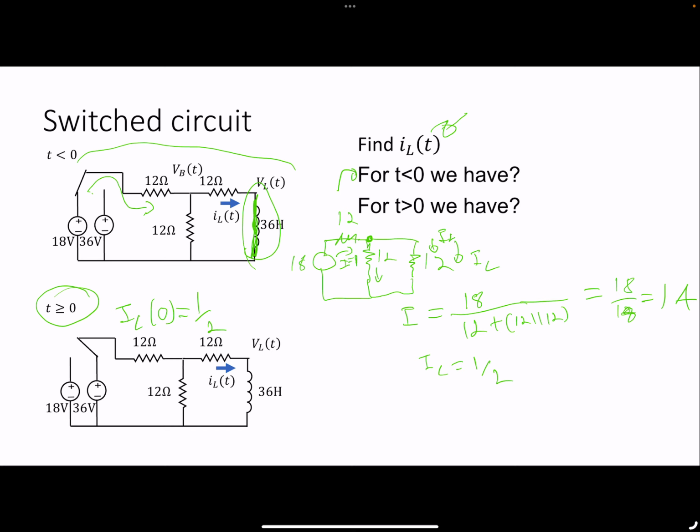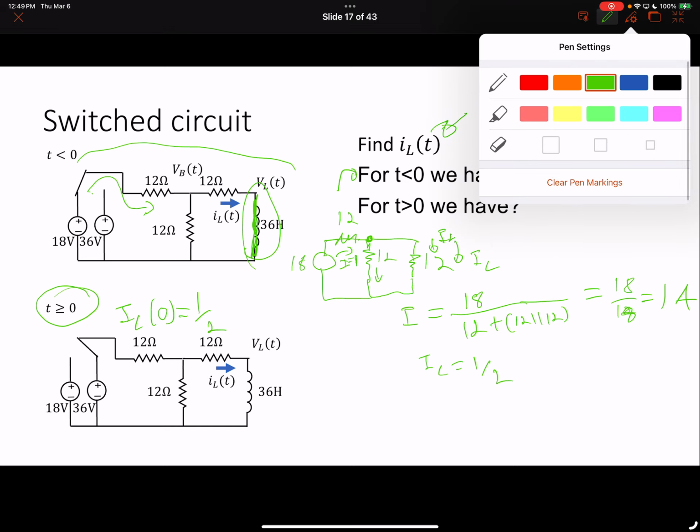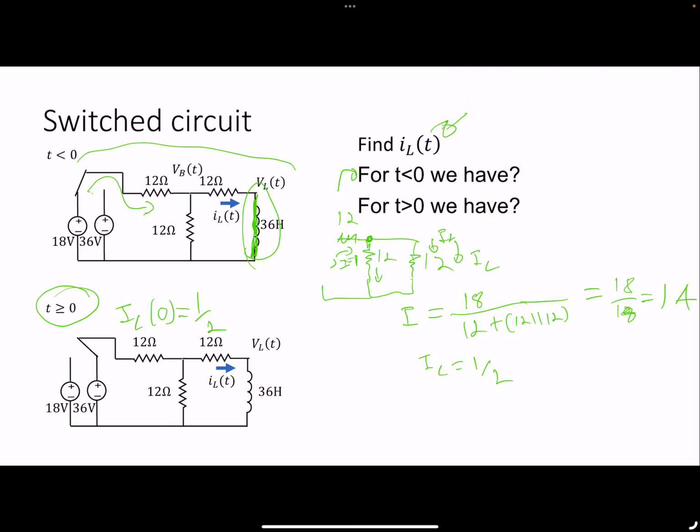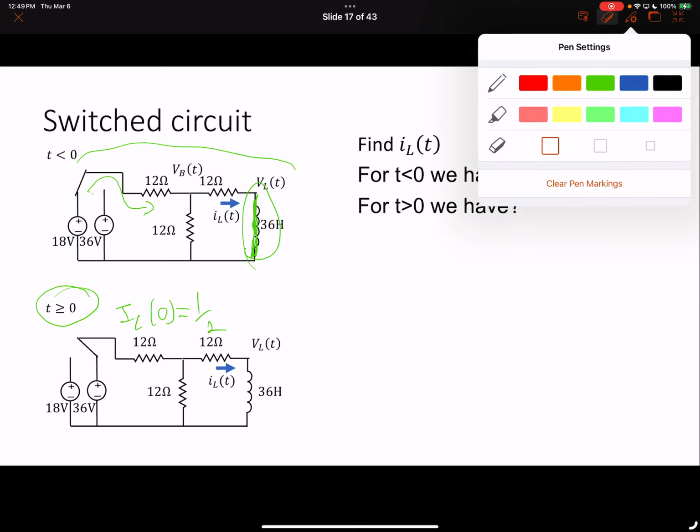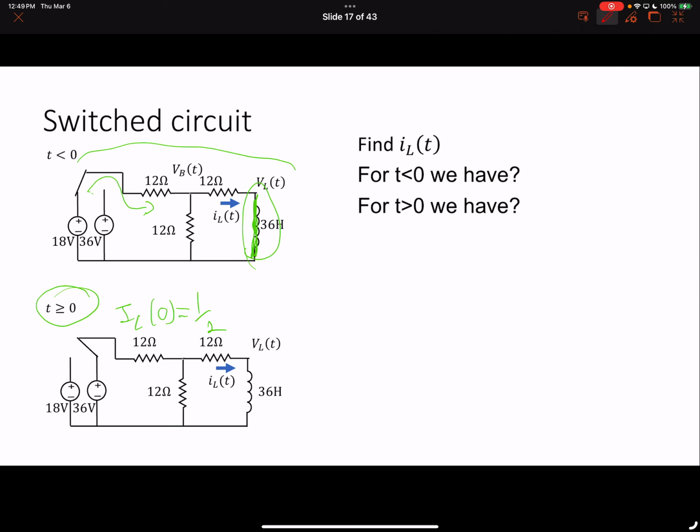Now we have to actually do the hard work of deriving a differential equation for this. Let's do this. You can always use an R-Thevenin approach, but I'm not going to do that. Here, let's just call this node VB.